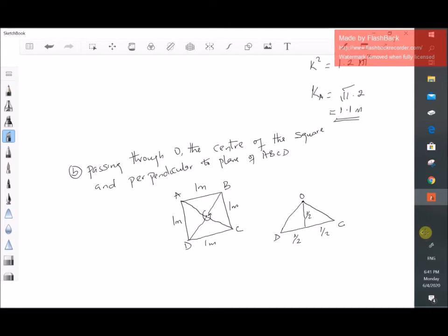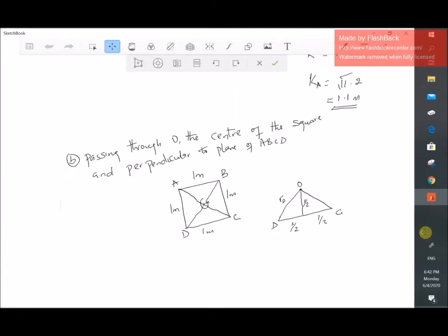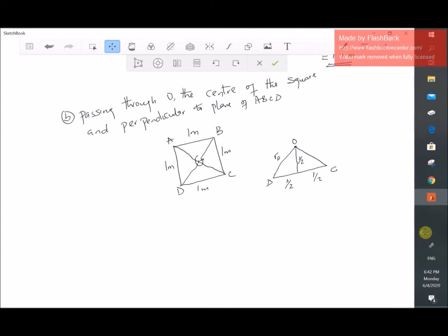So now I can find the distance from point D to the center, or from point C to the center, and it is the same. So let's find this, RD. I can solve this using Pythagoras Theorem.